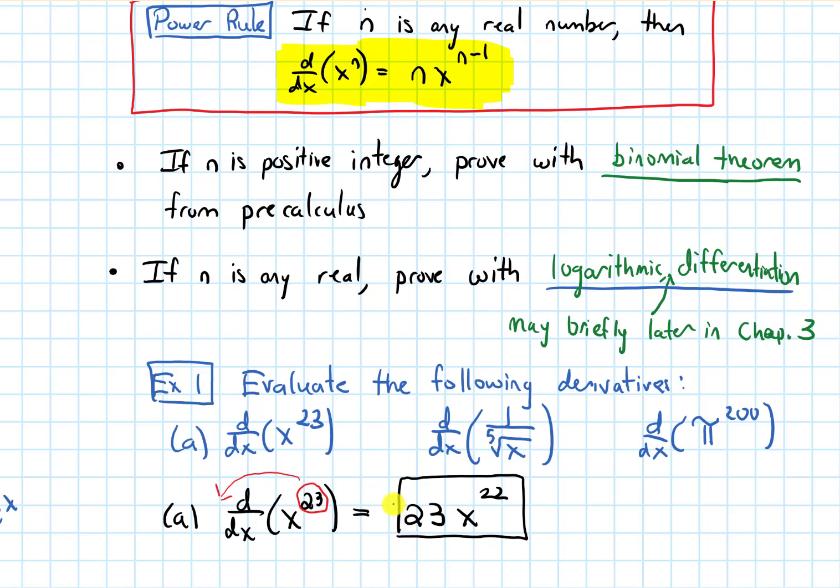But it's still important to know the limit definition of the derivative, because even though I haven't done these proofs, at least in the case where n is a positive integer, if you want to prove the power rule, it actually requires you using the limit definition of the derivative and showing that you will get n x to the n minus 1. So this power rule is based on the limit definition of the derivative. So it's important to know that still.